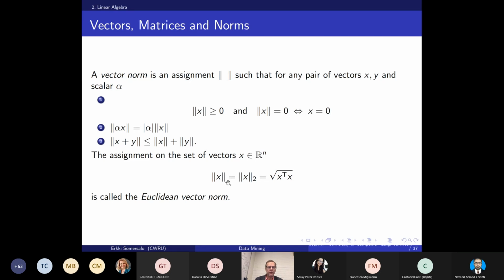If we know what norm we are talking about, we just use the notion of the norm and denote it without any decoration. But this 2 here is reminding that this is the Euclidean vector norm.